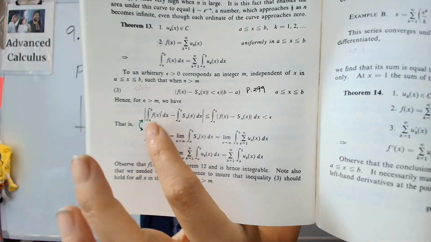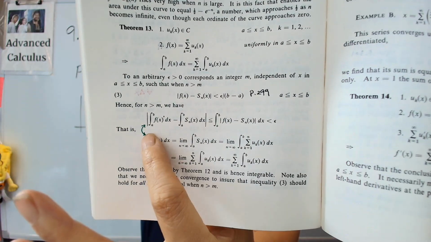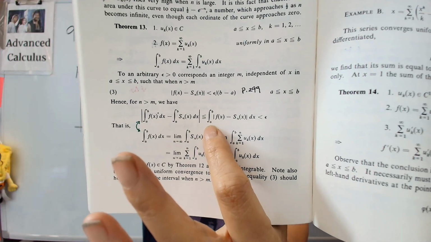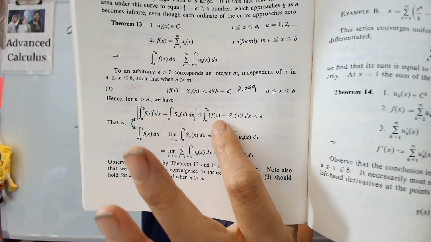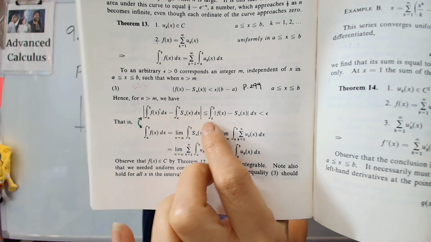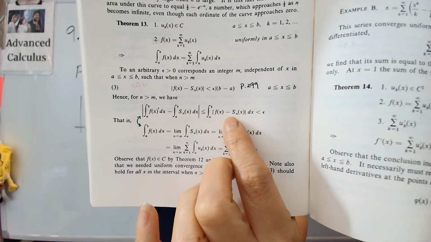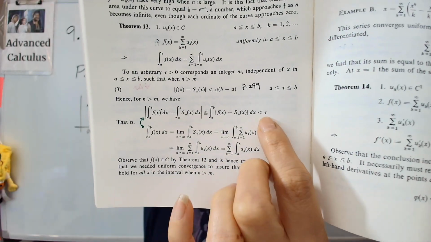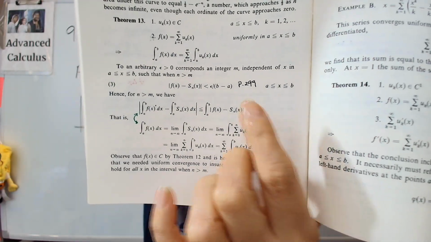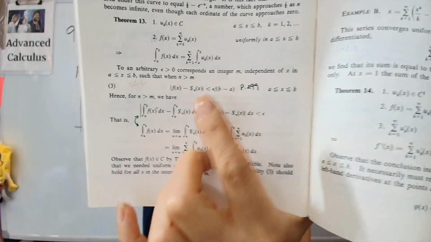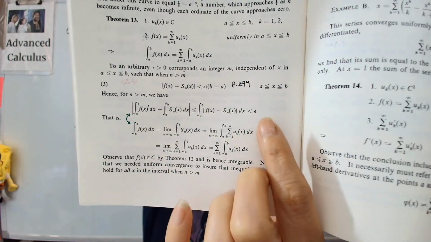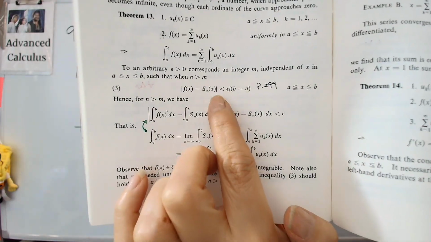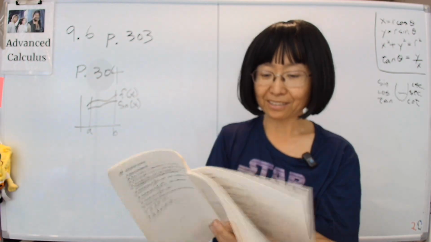Therefore, the integral of the difference of these two functions would be less than or equal to, first put them under the same integral sign, then slap the absolute value on it, and this whole thing can come out to be less than epsilon, being that the integrand is less than epsilon over b minus a. So everything works out neatly to be less than epsilon. That's why this is less than epsilon over b minus a, to take care of that.